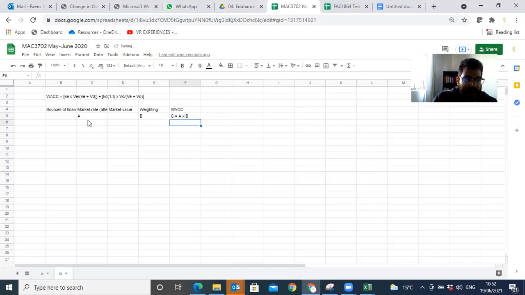So the source of finance, we know the debt, but we mustn't forget the equity. So we have ordinary shares, ordinary share capital. We have, what's the other one? It was preference shares. What was the other one? Debentures. Then I think we had, if I'm making a mistake, can you just tell me? Then we had long-term loan, I think.